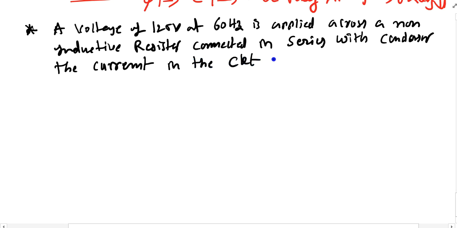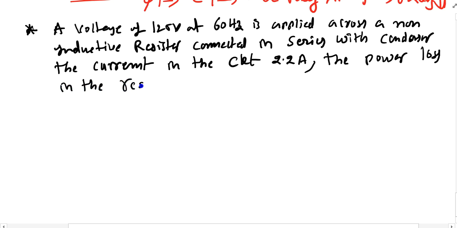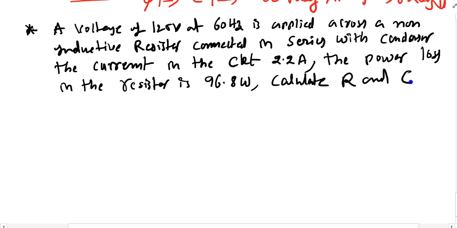The current in the circuit is 2.2 amperes, and the power loss in the resistor is 96.8 watt. Now they are asking to calculate what is R and what is the capacitor. So this is the question given to us.